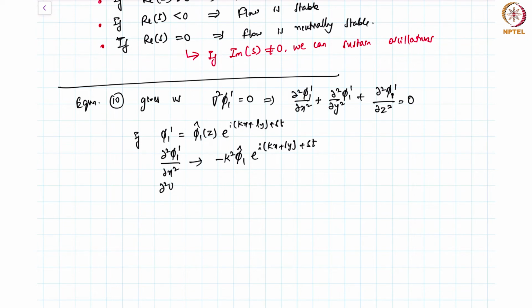Similarly, del square phi 1 prime by del y square essentially gives me minus l square phi 1 hat times the exponential term.